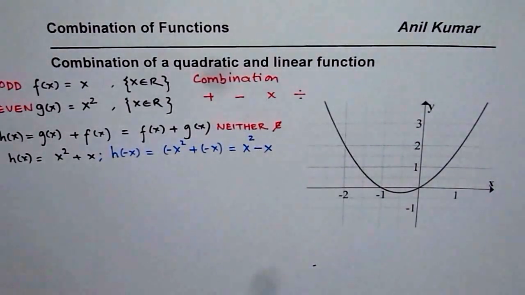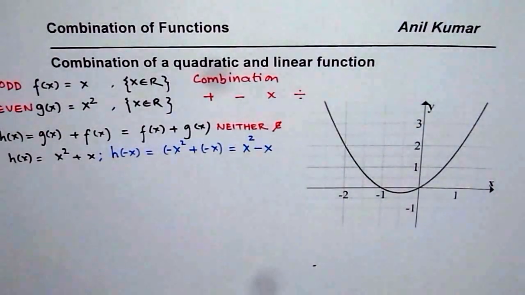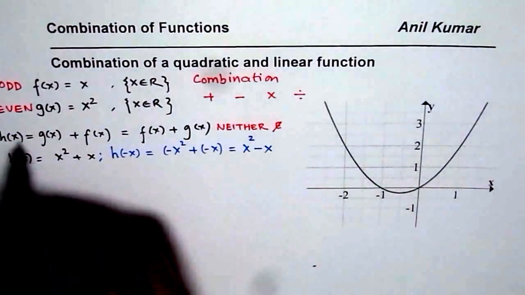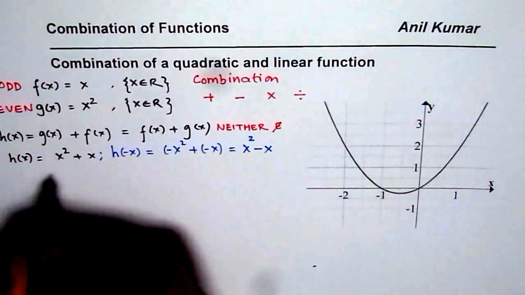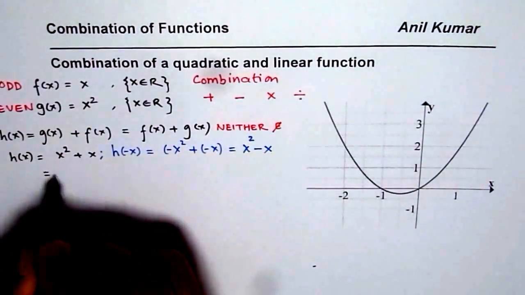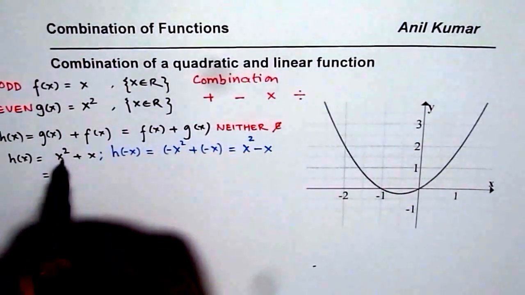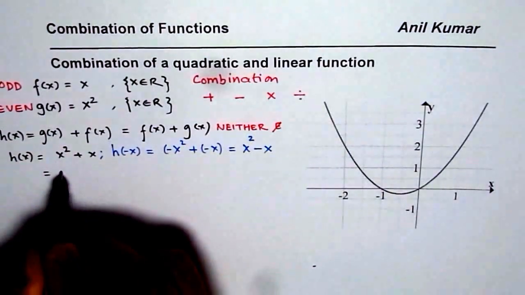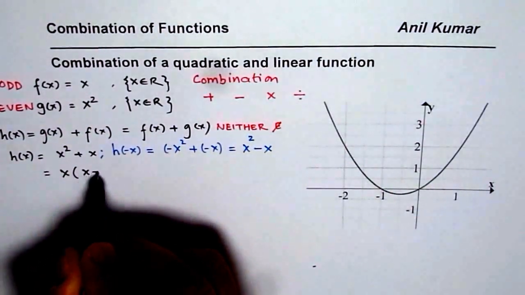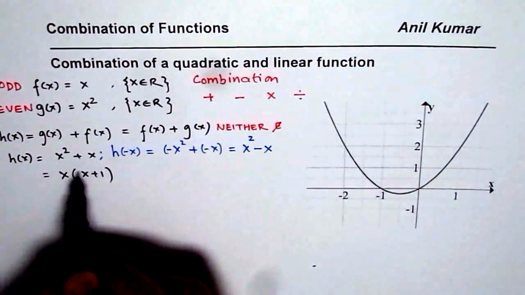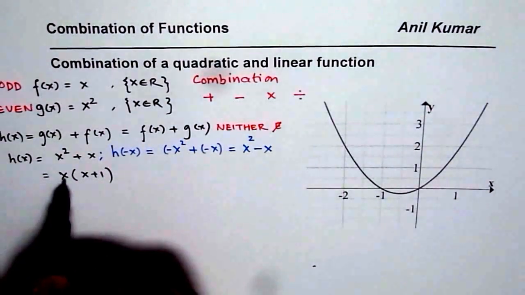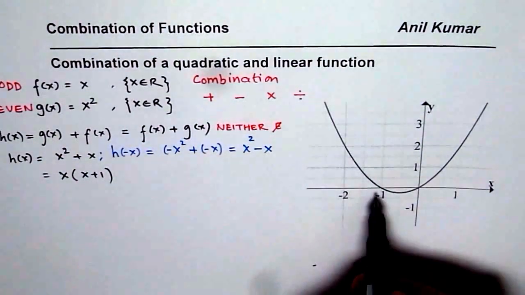Now, next let us combine them and see how the function will look. We'll consider h of x now, which we have already written as x squared plus x. Now clearly what we see here is that I can factor x and I get x times x plus 1. That means it is still a parabola, but this parabola now has two roots as shown here.